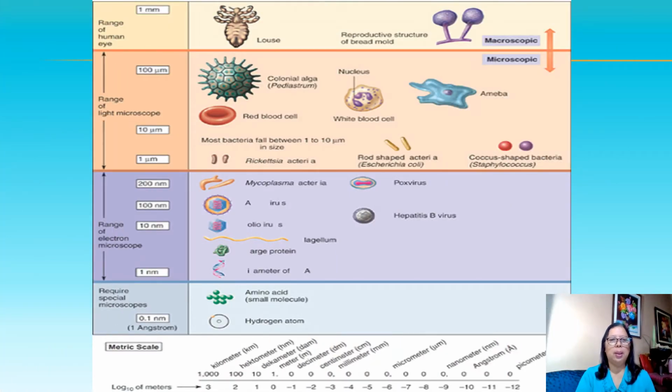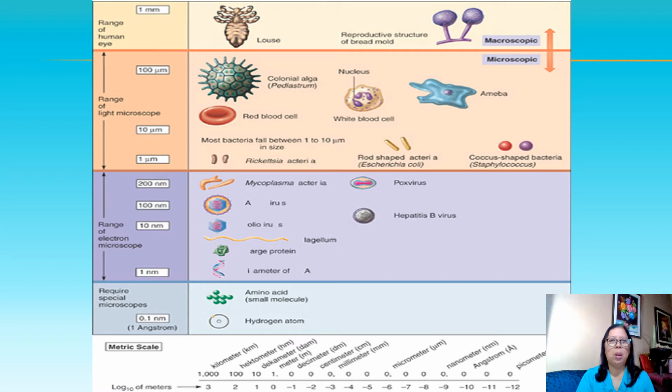And then this is a table showing to you the difference of size. If you are familiar with this louse, they could be measured in terms of millimeters. And then for the other microorganisms and component parts of other cells, they come in as big as 100 micrometer.